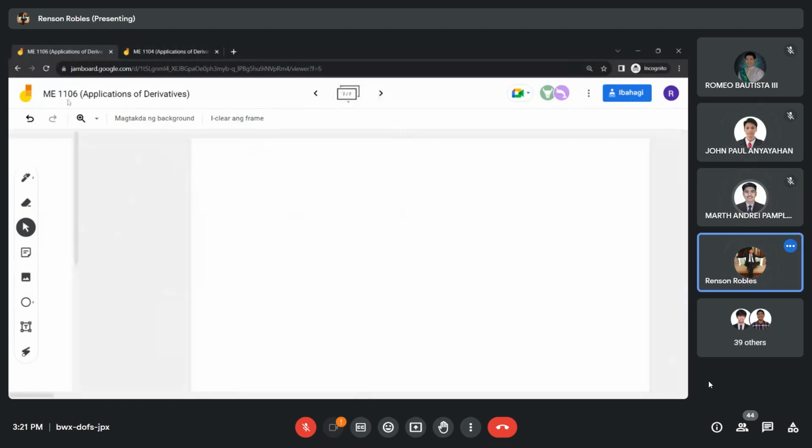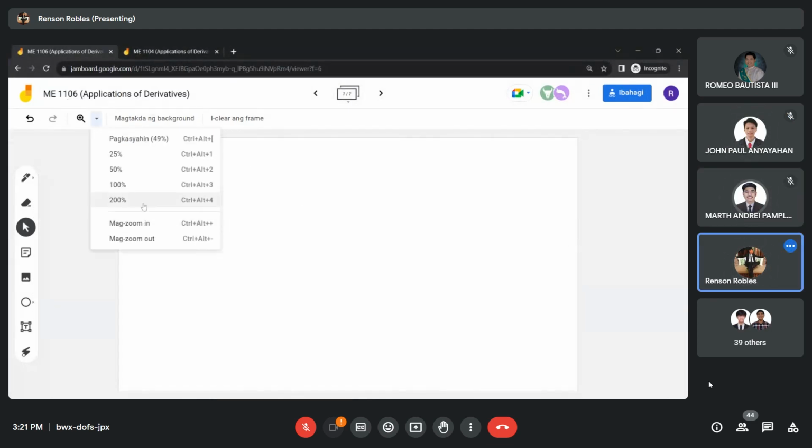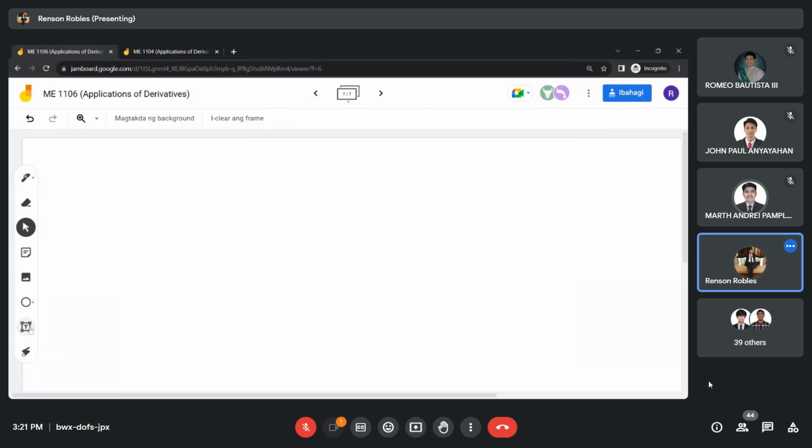Example. Trace the curve y equals x to the 5 minus 5x cubed minus 20x minus 2. Okay?